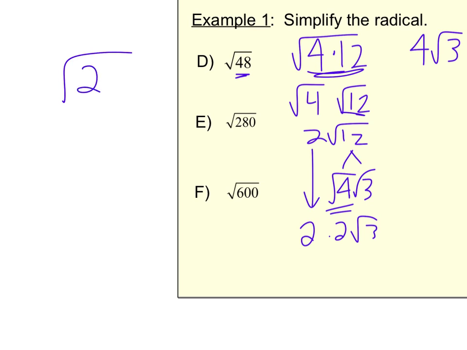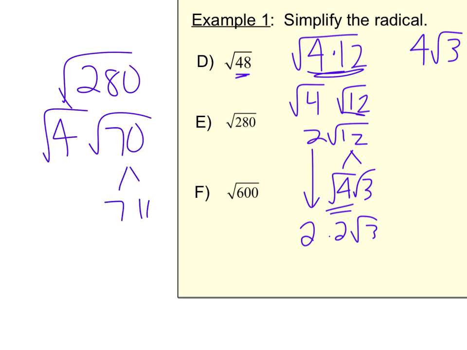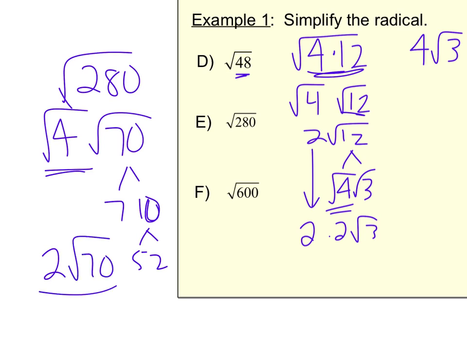I might go, well, that could be 4 and 70. Let's see, 70. Let's see, 7 and 10. 10 is 5 and 2. So that might be about as far as I can go with that one. So square root of 4 is going to be 2. 70, there's no way to get another perfect square though, so it might be just 2 square root of 70 for that one.